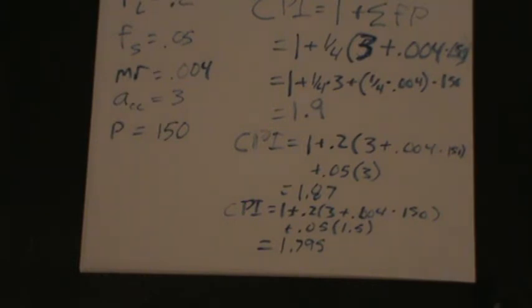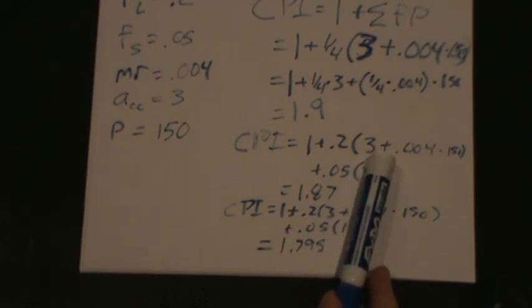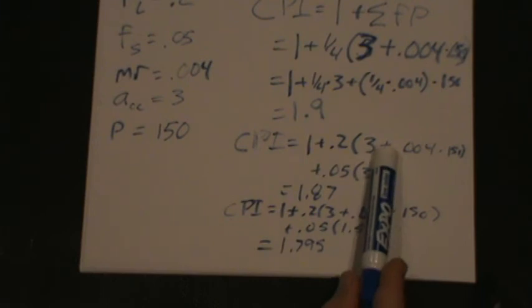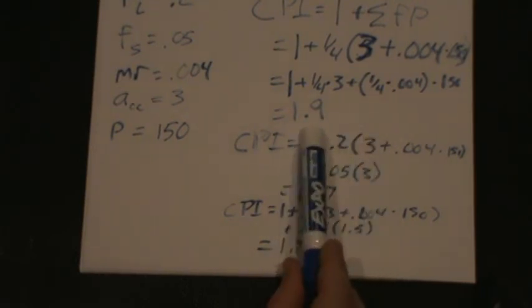Now, of the ones in here, my biggest cost is right here: 3 times 0.2 is 0.6. So if you think about what's going on, 1.6 of this is entirely controlled by this.